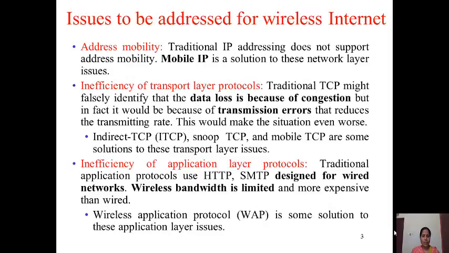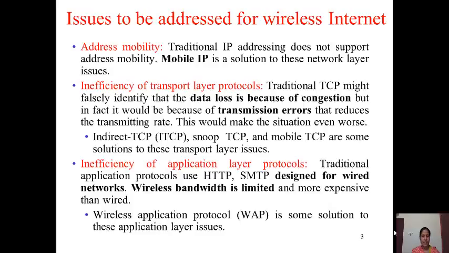Similarly, when we talk about the application layer protocols, we have the traditional protocols like HTTP, the hypertext transfer protocol, and SMTP, the simple mail transfer protocol, which are typically designed for wired networks. When we try to extend them, bandwidth is probably going to become the maximum limitation that we will have to address. So we need to pave mechanisms to identify other protocols which would support wireless.